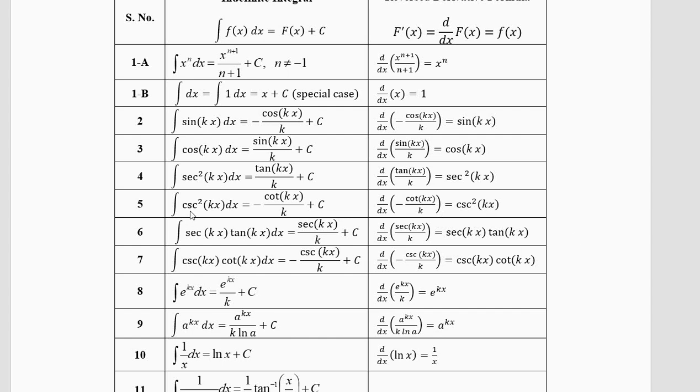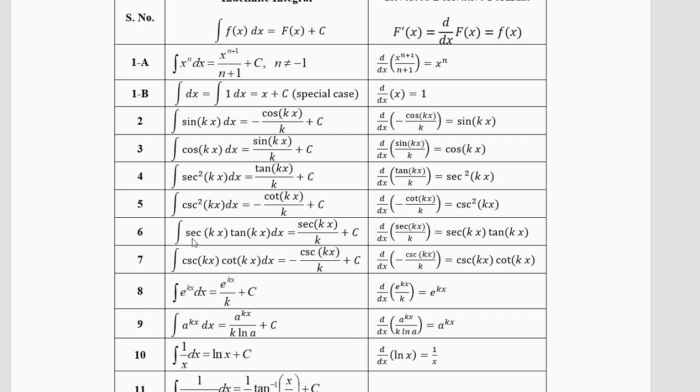Now integration of cosecant square kx is minus cotangent kx over k plus c. When you differentiate minus cotangent kx over k, derivative of cotangent is minus cosecant square, minus into minus is plus, so you'll be left with cosecant square kx and k gets cancelled as explained.